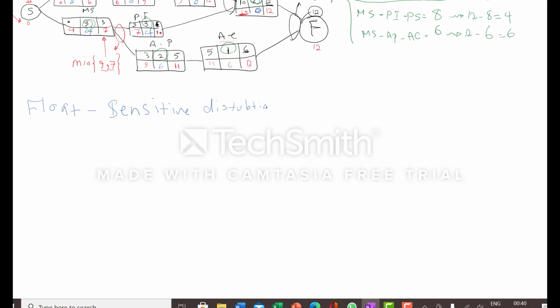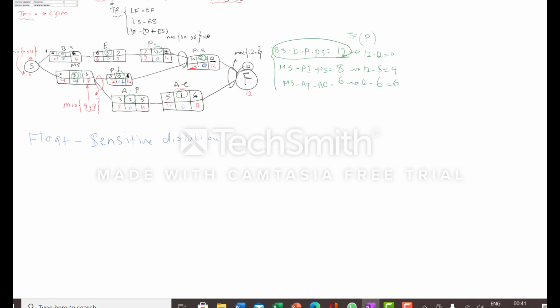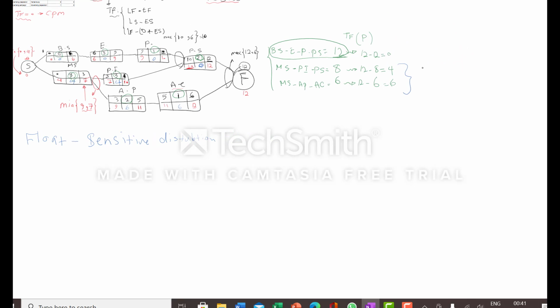For this float distribution, we should calculate the FSD for these paths.